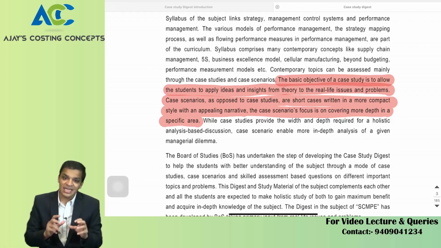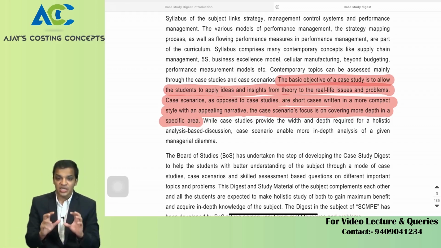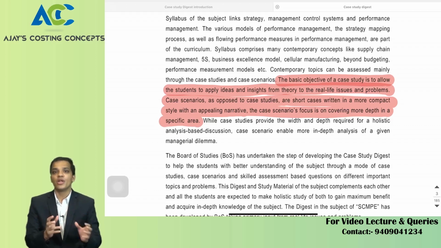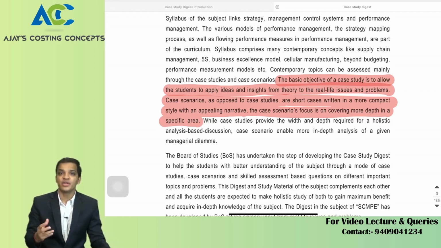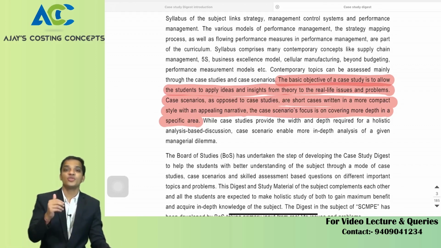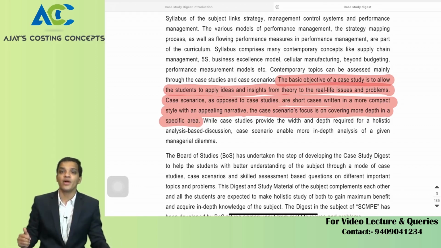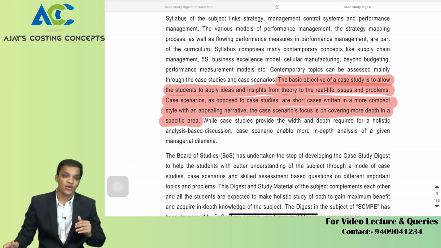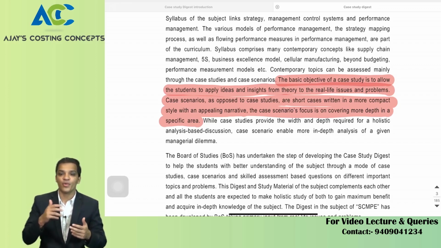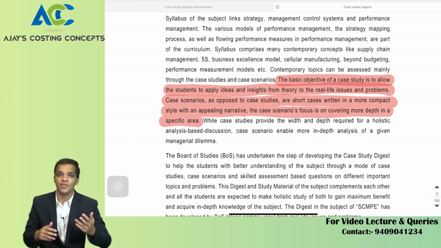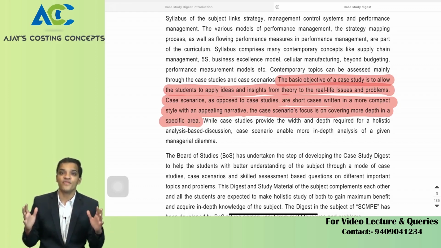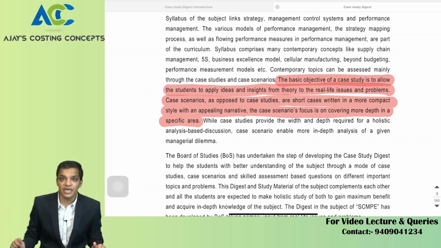A case study might ask which performance model or evaluation method the company should implement, and in that problem you are required to provide a solution: the company can go for a balanced scorecard, a building block model, or a performance pyramid to evaluate the non-financial aspects of performance, right?